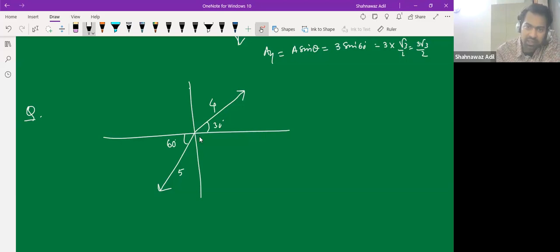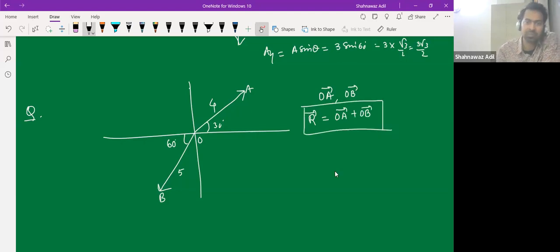Let's say this is O and A, and this is OB. So I have OA vector and OB vector, and I want to find the resultant of OA plus OB. In these types of questions, using the parallelogram law would be difficult, right? Yes, sir. So then what can we do?